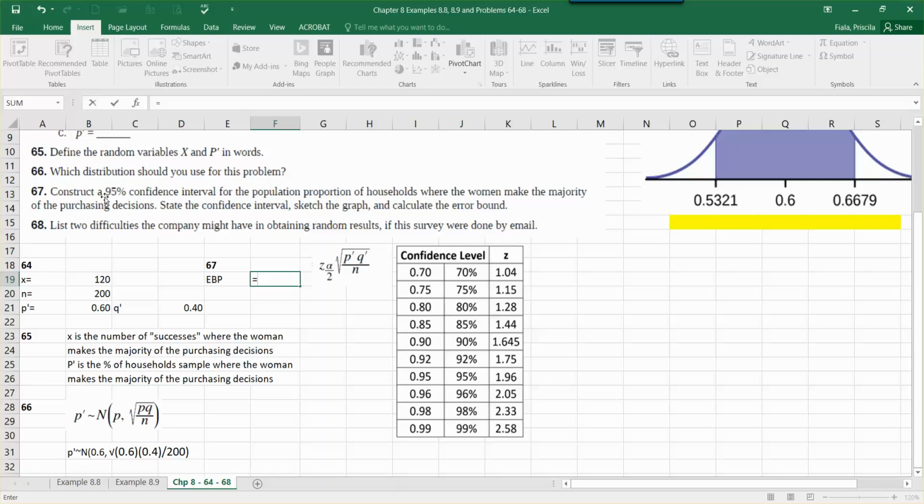So all we have to do is a 95% confidence interval, where a 95% confidence level is going to be 1.96, and we did learn how to calculate that before. So you have 1.96, correct?